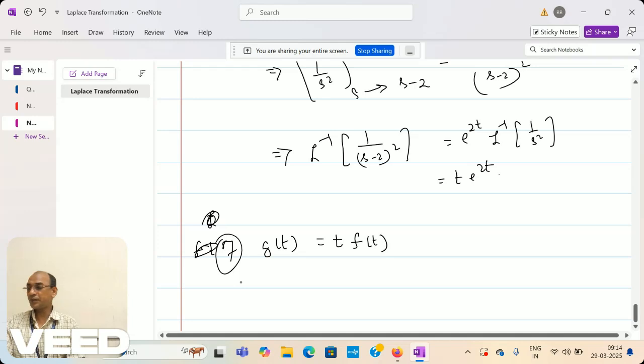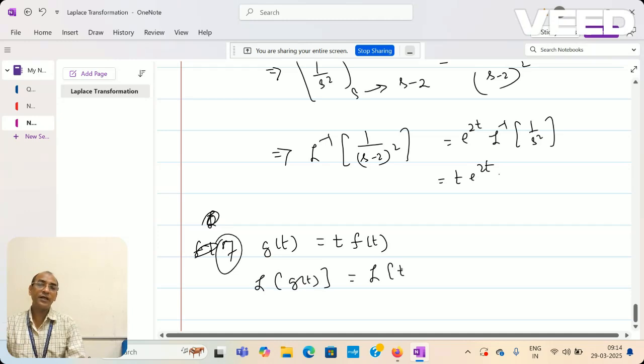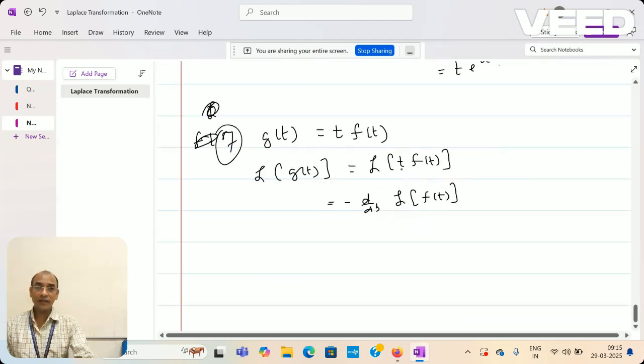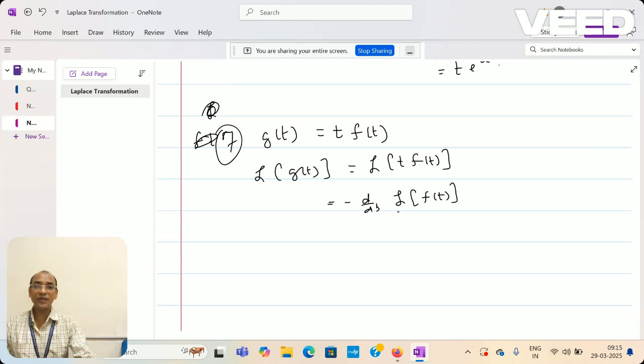The Laplace transformation of t into f of t is obtained as follows: for the t, you preserve minus d by ds, find the Laplace transformation of f of t, and differentiate it with respect to s.